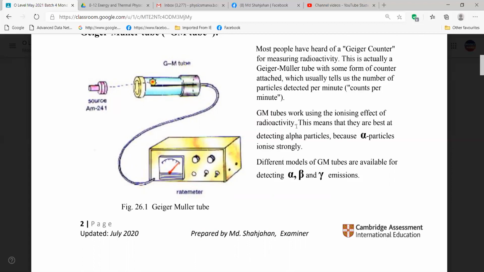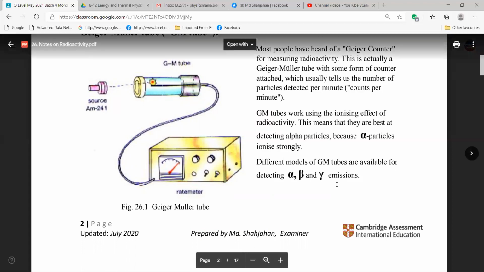This means alpha has the best ionizing capacity, so alpha can be detected better by GM tubes. They also said that different models of GM tubes are available for detecting alpha, beta, and gamma emissions.